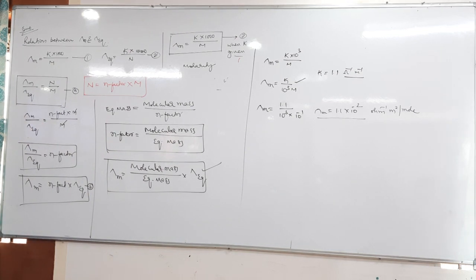Next, one more question. The resistance offered by 0.05 M solution of NaOH, when measured using a conductivity cell having cell constant 100 meter inverse, is 55 ohm.